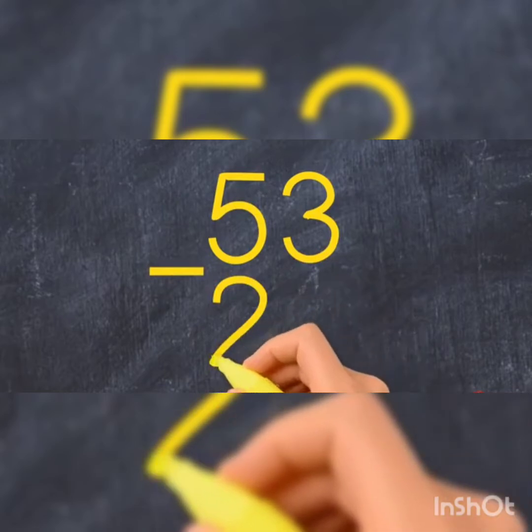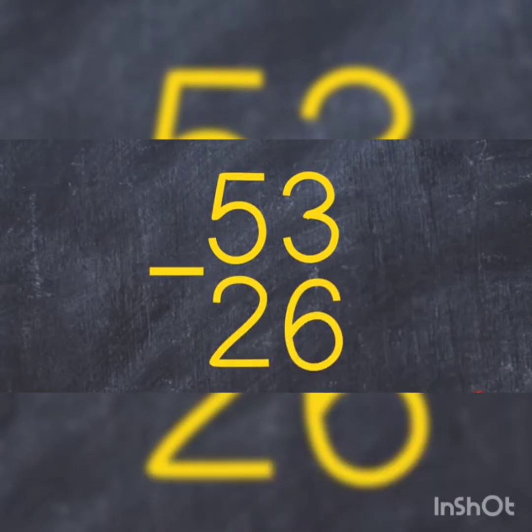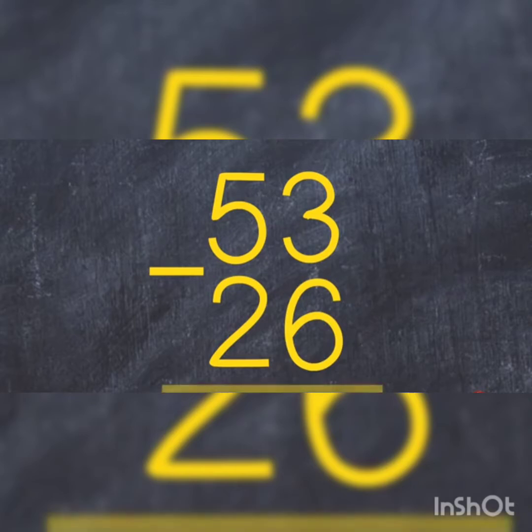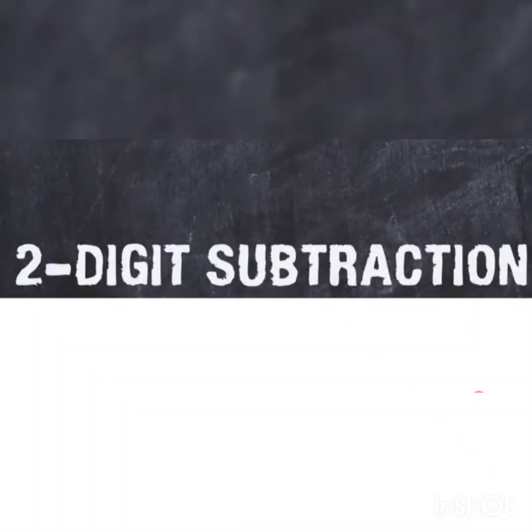Here the 2-digit numbers are 53 minus 26. Okay, 53 minus 26. All of you remember, when we subtract the numbers, you can write the numbers one below the another on the basis of their place value.